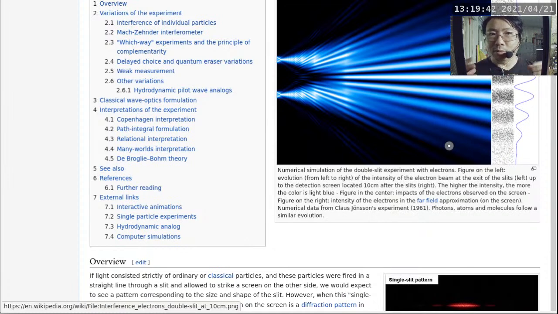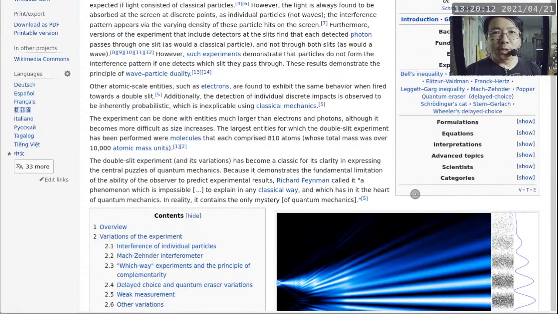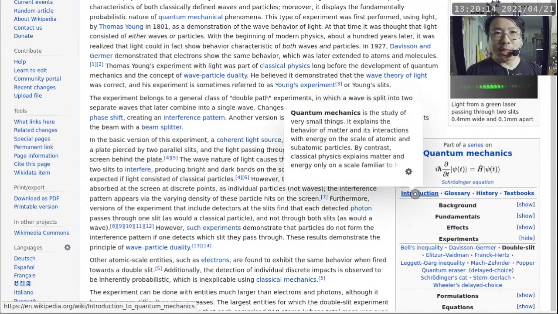Kind of like the ripples when you throw a little rock onto a completely flat surface of water, you can see the ripples propagating from where the rock lands. So the question is, are electrons particles, or is it a wave? That is the kind of question this experiment is trying to answer, because in some cases it seems to behave like a particle, but in other cases, in the double slit experiment, it seems to behave more like a wave.